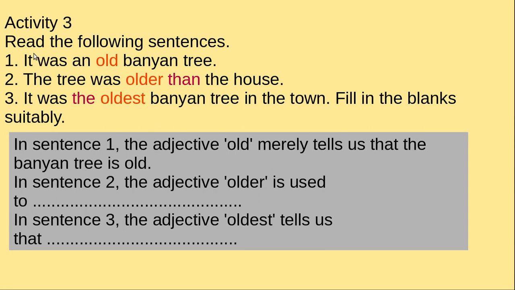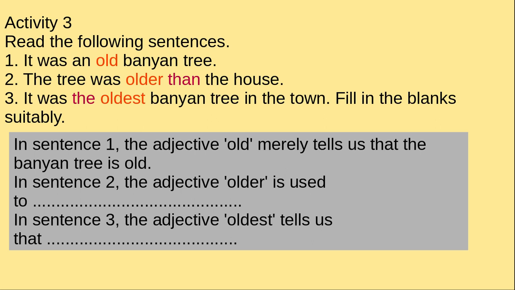Now here what you have to do is, see the first one, it was an old banyan tree, right? You have to fill these blanks. And the tree was older than the house, and it was the oldest banyan tree in the town. The ones who have watched might not have any doubt, because it is clearly explained there.